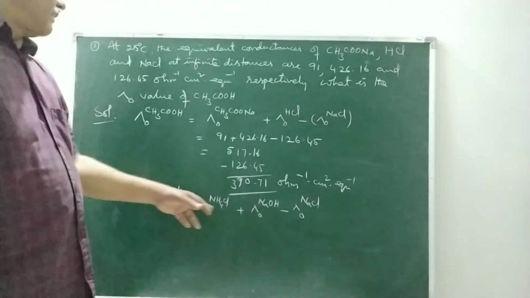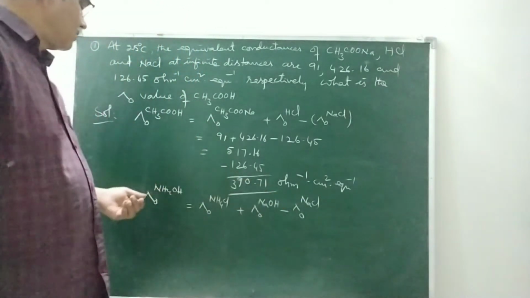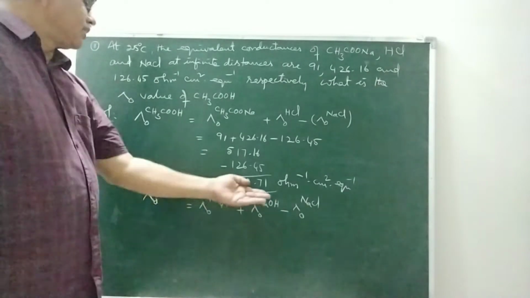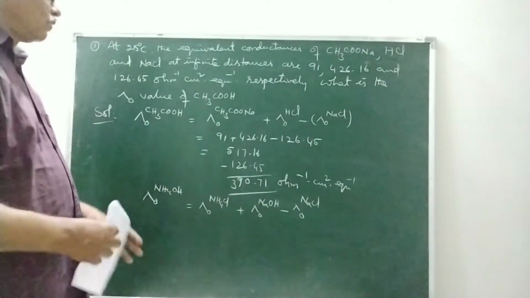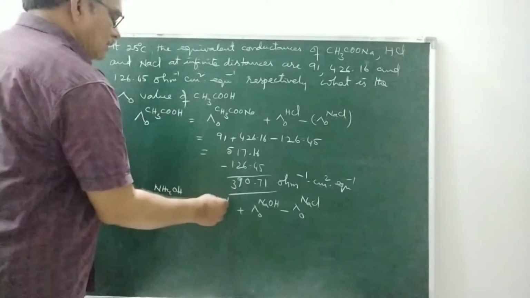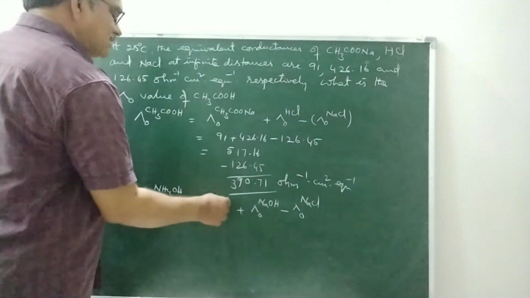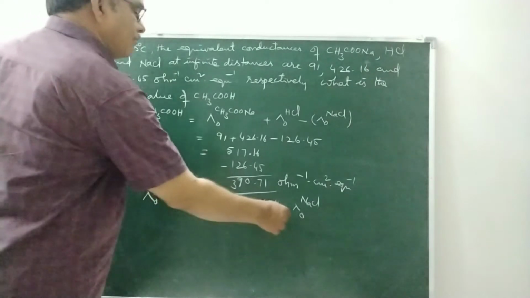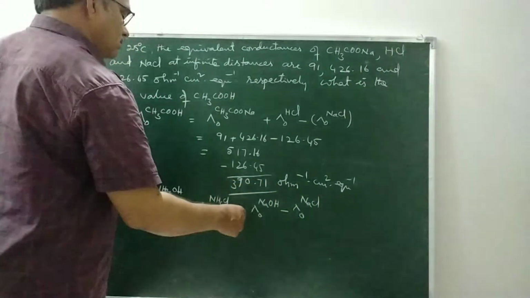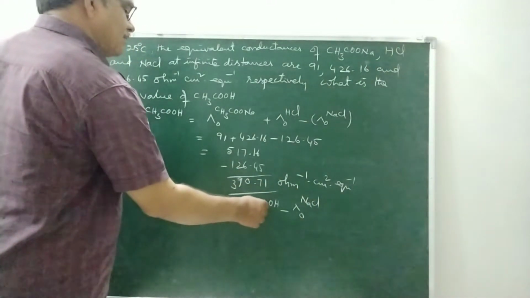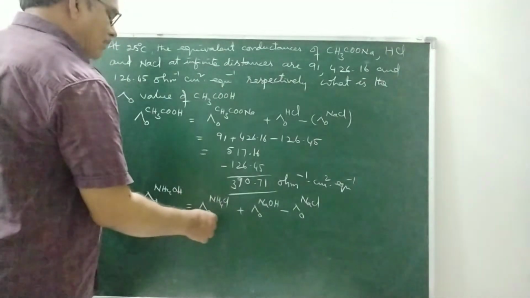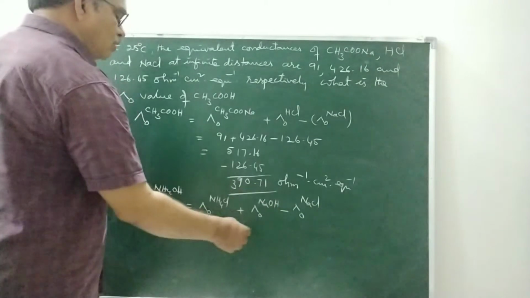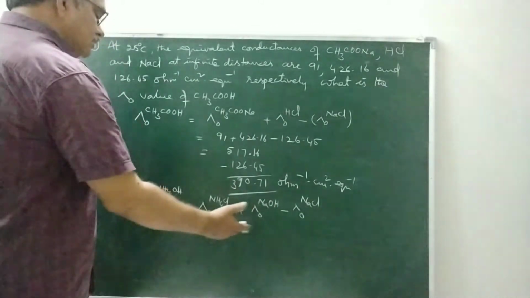If the values of these three are known, by substituting those values we get lambda naught NH4OH. Lambda naught Cl cancels out, lambda naught Na cancels out, and finally lambda naught NH4 plus lambda naught OH minus remain.